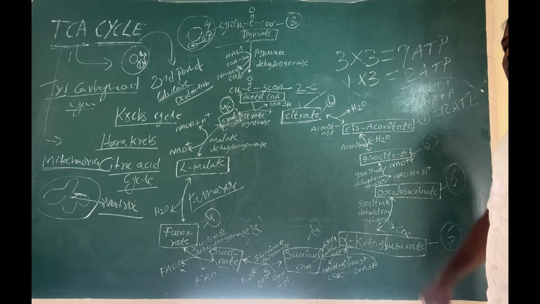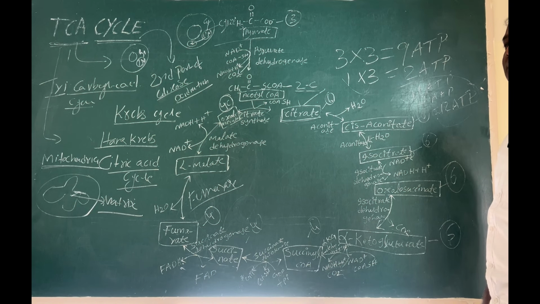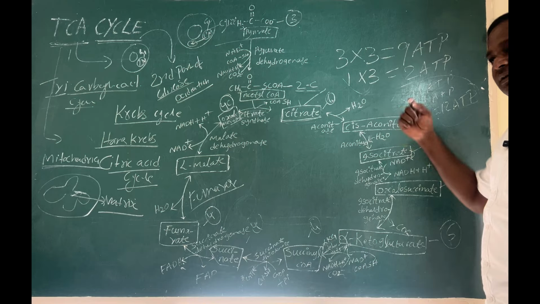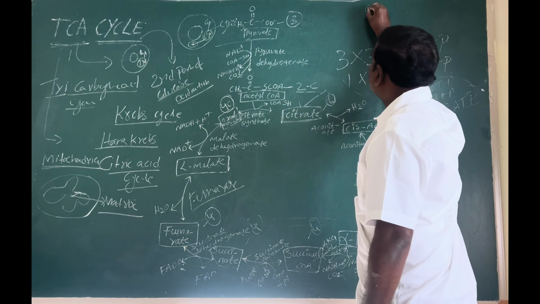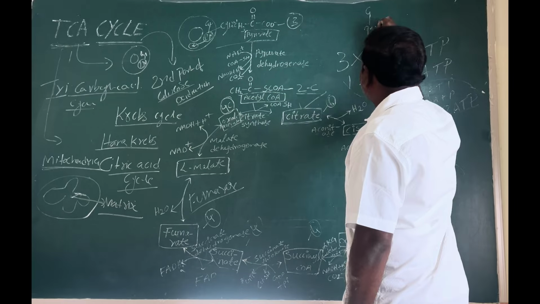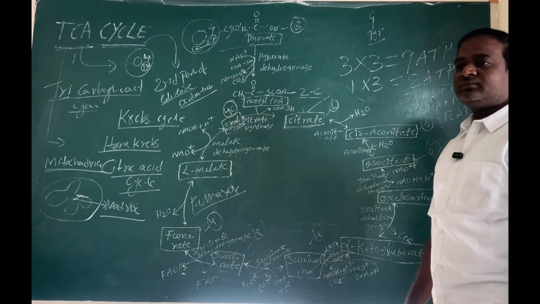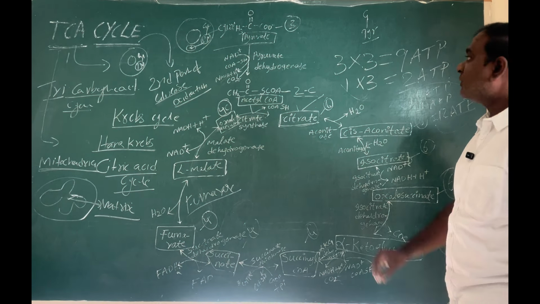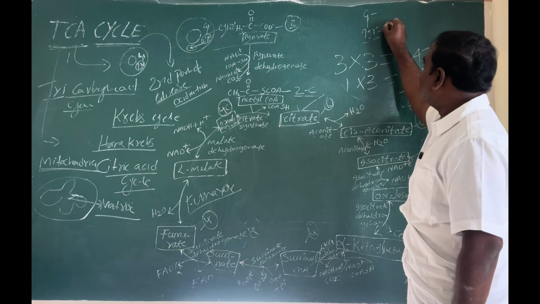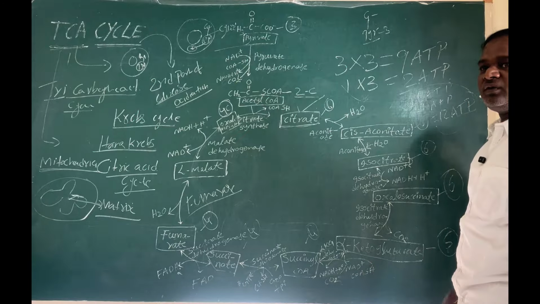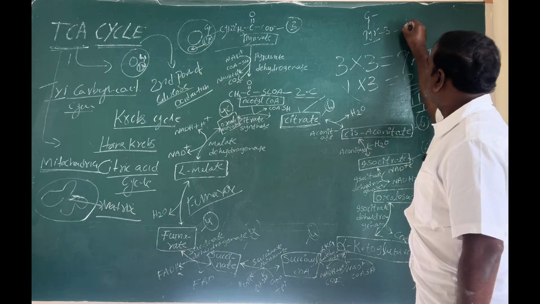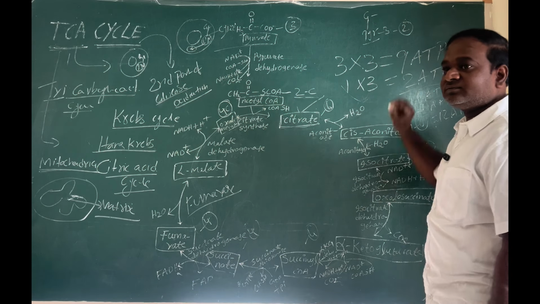How many pyruvates are we having? From glycolysis to pyruvate, how many pyruvates are formed? Glucose is 6 carbon, pyruvate is 3 carbon. How many pyruvates are we forming? 2 pyruvates.